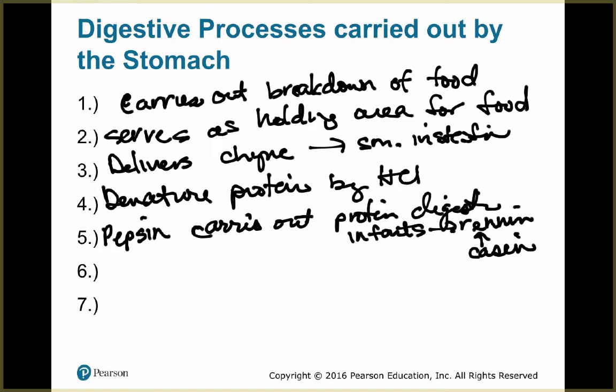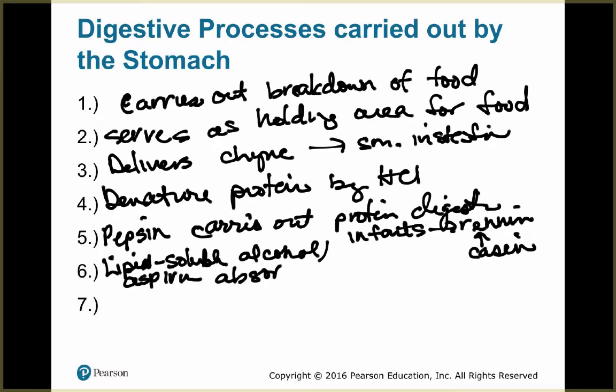Now, basically, lipid-soluble alcohol and aspirins are absorbed into the blood through the stomach. And the only stomach function absolutely essential to life is the secretion of intrinsic factor.